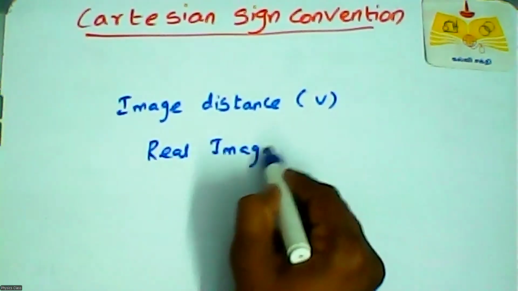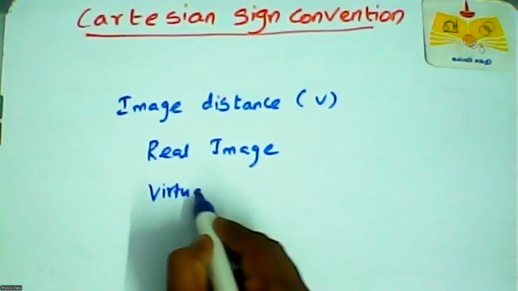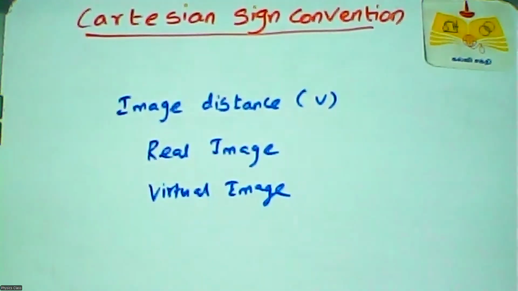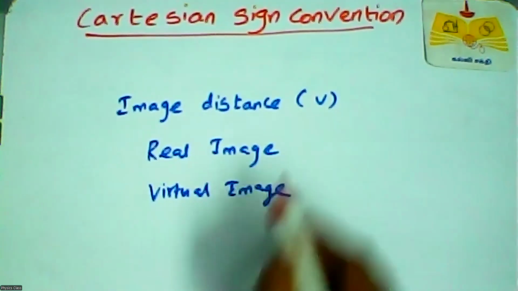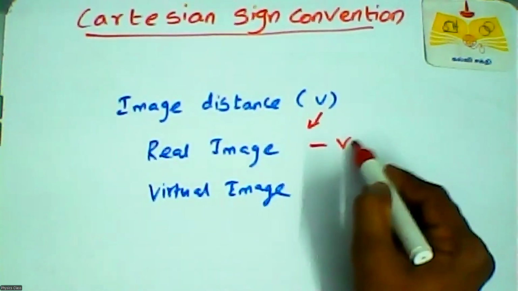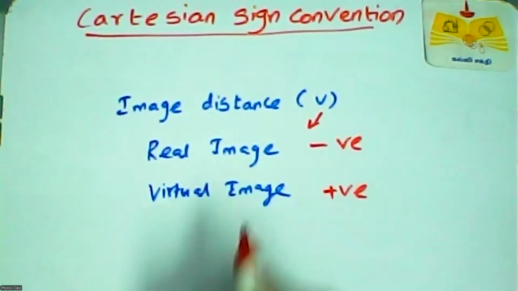There are two types of image, real image and virtual image. For a real image, v is negative; for a virtual image, positive.